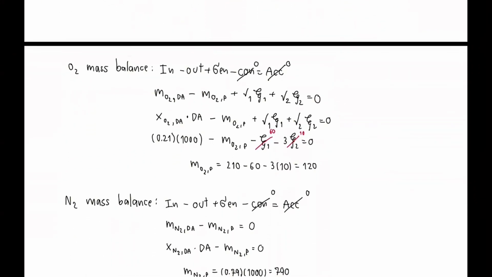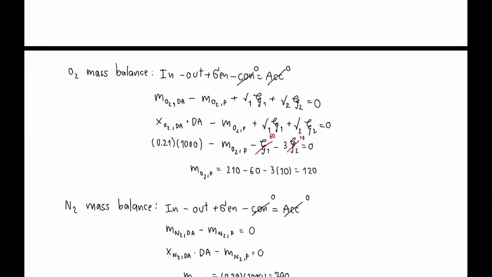Let's look at the O2 mass balance. O2 mass balance, we do the same thing. In minus out plus generation equal to accumulation. Mole of O2 in dry air minus mole of O2 in the P stream plus nu 1 psi 1 plus nu 2 psi 2. Okay, let's write this.